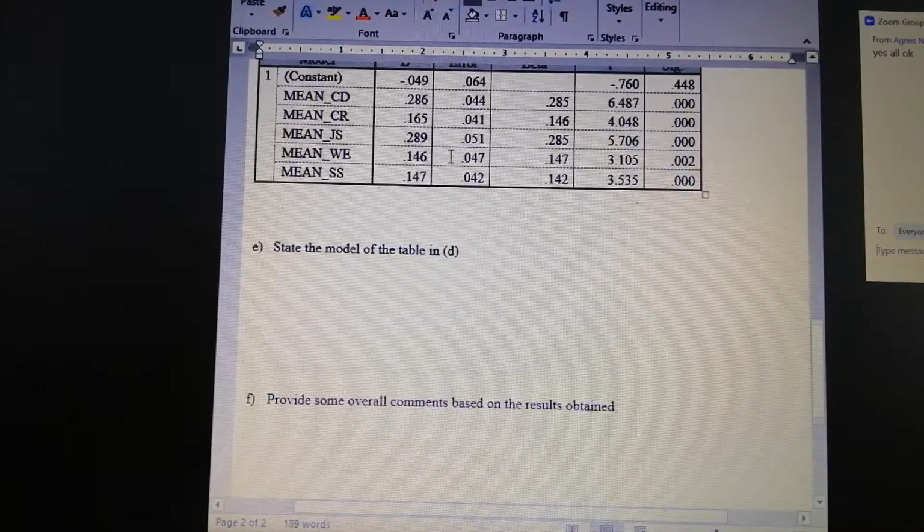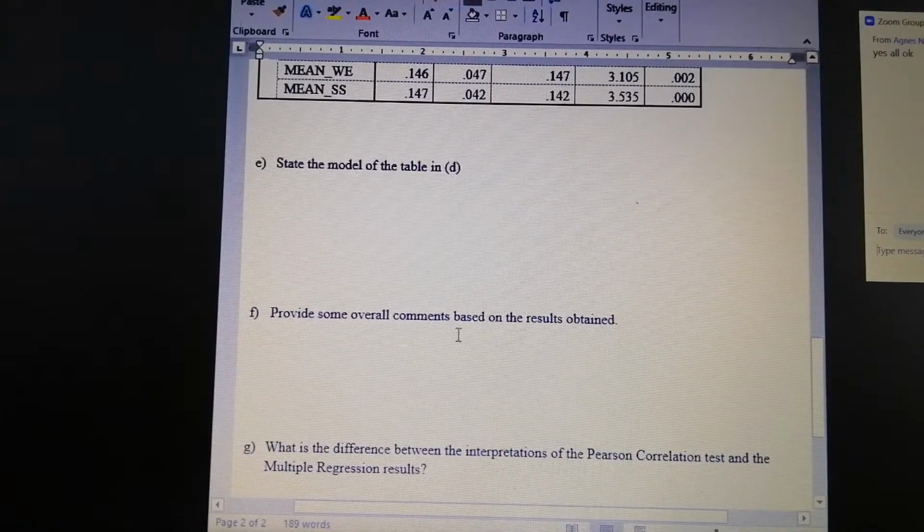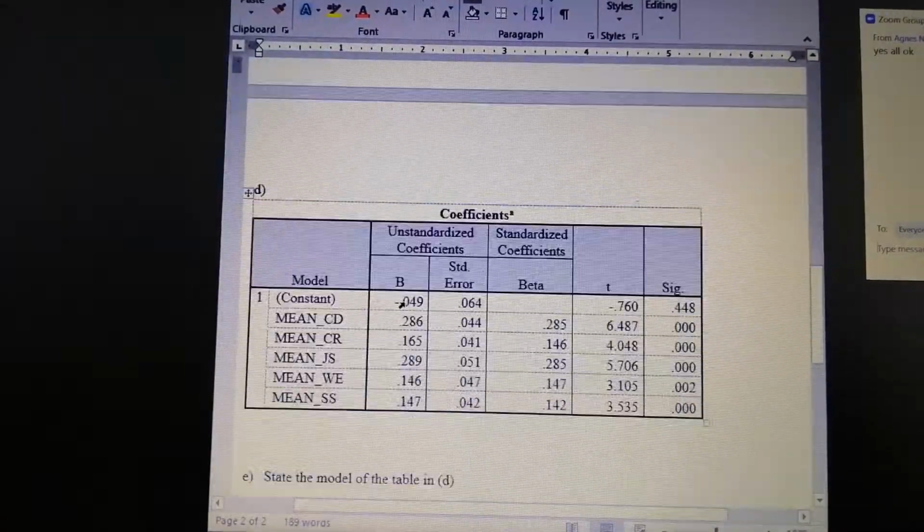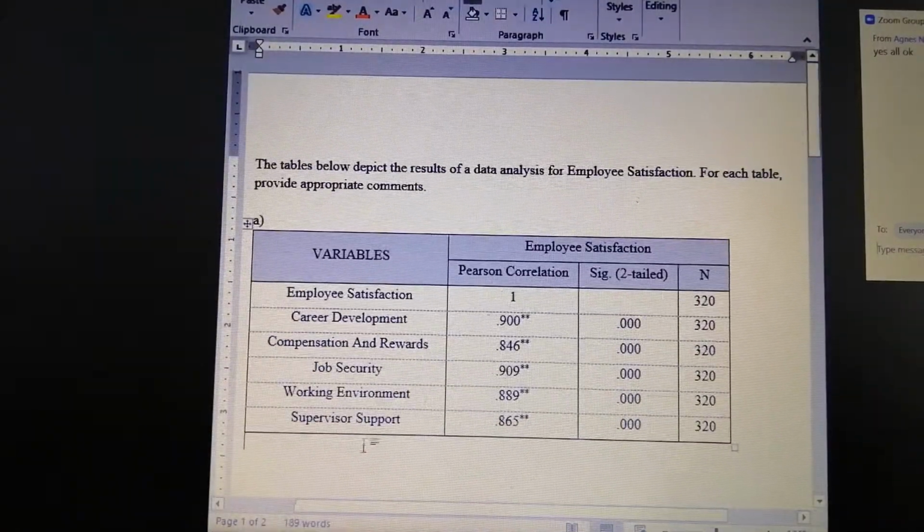Okay, so they say provide some overall comments based on the result obtained, right? So yes, I need to provide some overall comments. You can go back to the table, or use the book here. Based on the table, you can see which has the higher Pearson correlation. The Pearson correlation is stronger for career developments and job security. This is the highest, so just forget about the rest. Just take the highest one.